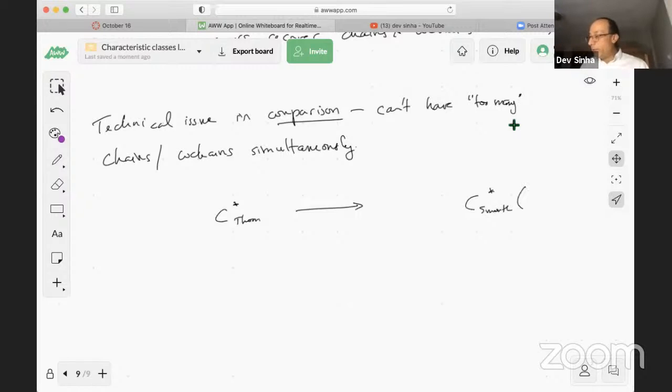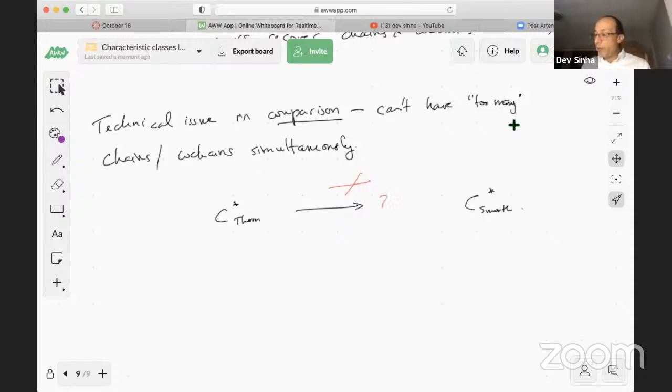But again, you would need some transversality. I won't talk about a reference manifold M. These are all in the same manifold. And so, there generally will be no comparison map like this.